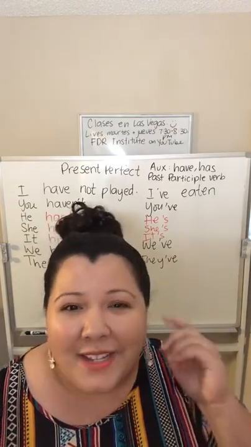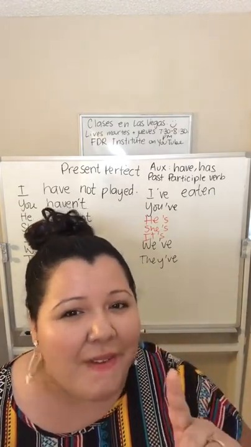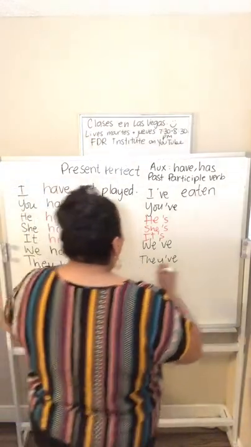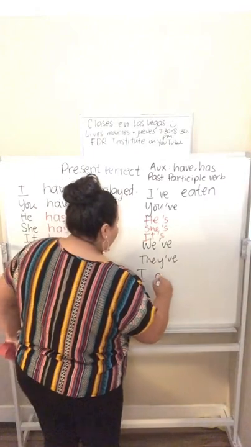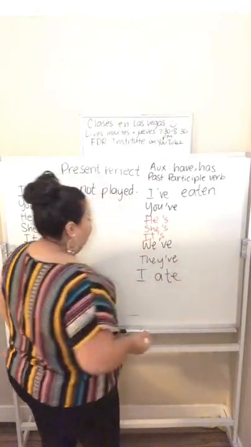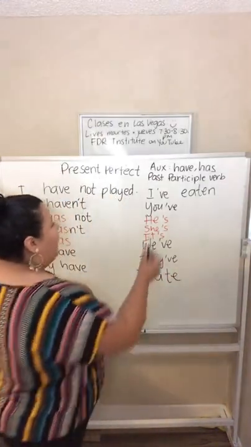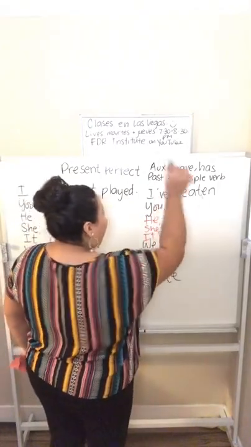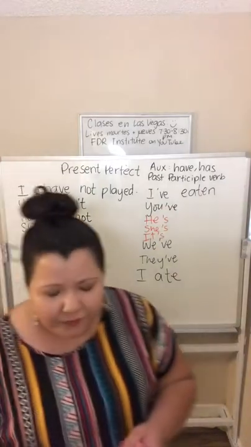So, para los que piensan que saben, a veces son los más difíciles. Ate es el pasado. So, si digo comí, I ate. Pero he comido, I've eaten. He comido.